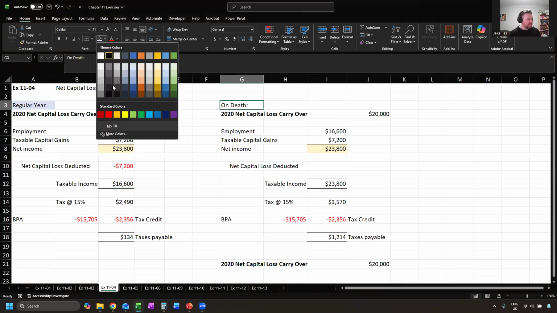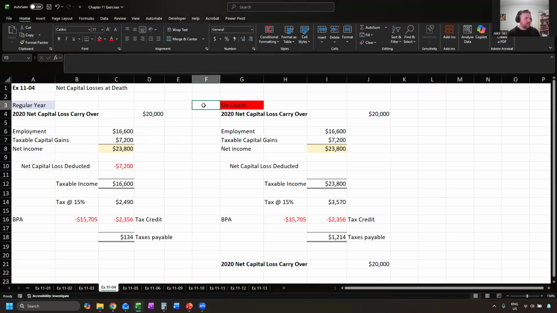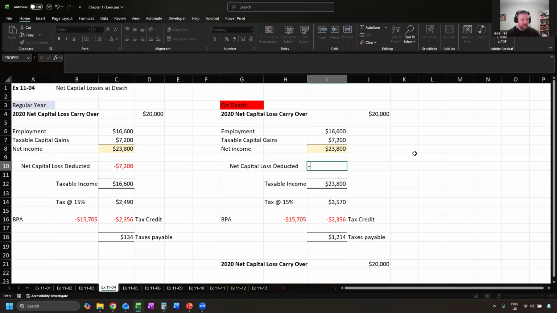On death, we still have that loss of $20,000. So what we'll do is figure out how much net capital loss we can deduct. Now, we don't need taxable income to get to zero because our basic personal credits are picking up a good portion of the load. If we were to deduct the full amount, 20,000, our tax credit is $570, but we were using over 2,000.